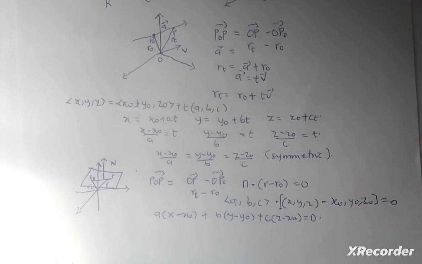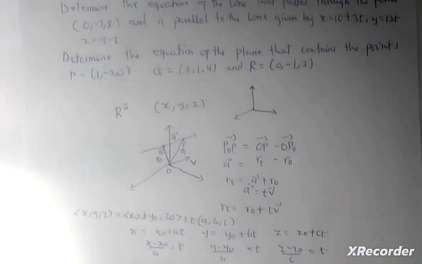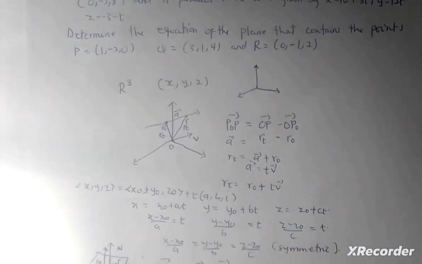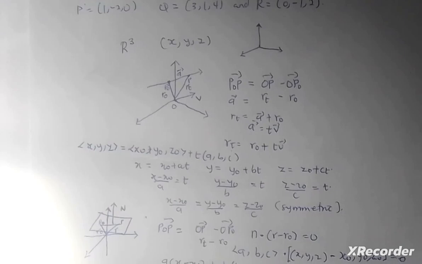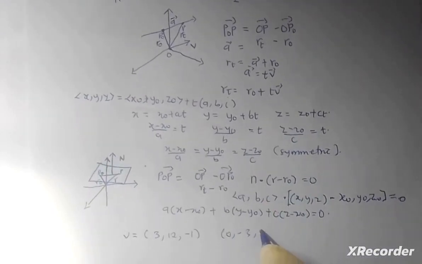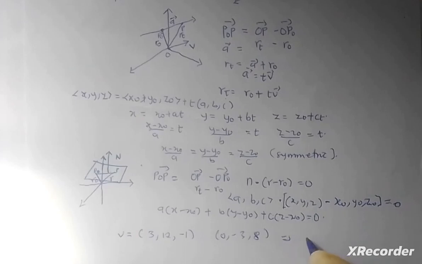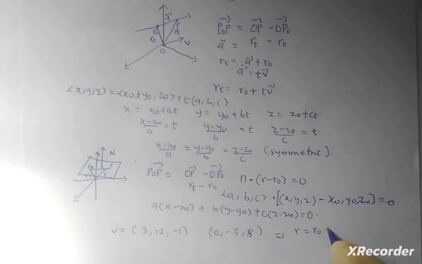So our vector v is equal to (3, 12, negative 1). Then they give us a point (0, negative 3, 8). When you have this, we can write a simple equation so that we have r is equal to r naught plus vt.